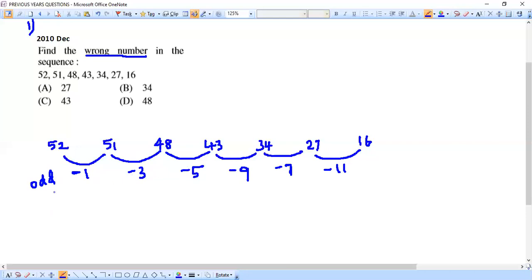We all know odd numbers: minus 1, minus 3, minus 5. But suddenly see here, after this minus 5, what comes next here? Can you see this? We are immediately getting minus 9 here, correct? So that means this is the situation where the pattern is getting broken, is it or not? We are just getting like a chain is getting broken.